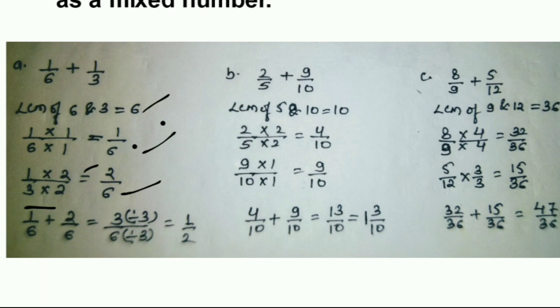So 1 into 2 is 2. Now we will add 1 by 6 plus 2 by 6. So we get 3 by 6. So in this one we know that it will come in the same table of 3, so divide by 3. So 3 divided by 3 is 1. 6 divided by 3 is 2. Clear?